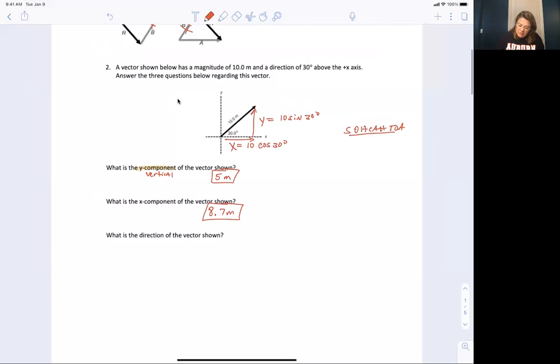Please double check your calculators are in the correct mode by plugging those in. And if you don't get the answer that I just got, then that would mean that you have it in radians. What is the direction of the vector shown? 30 degrees above the positive x-axis. Or you could say 30 degrees north of east.